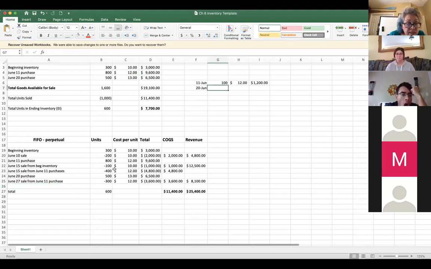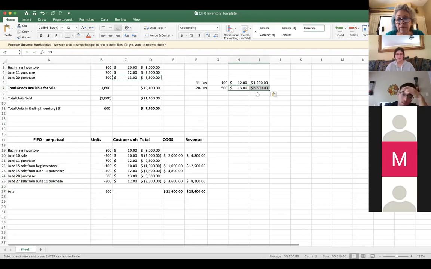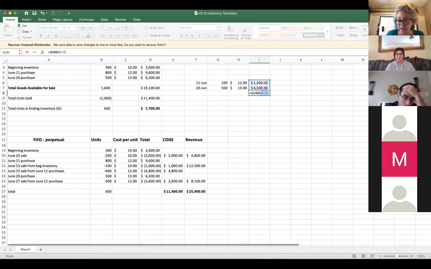And then this last purchase on June 20th, I didn't sell any of. So I've got the 500 units at $13 a share. And when we sum those, we get the 7,700.